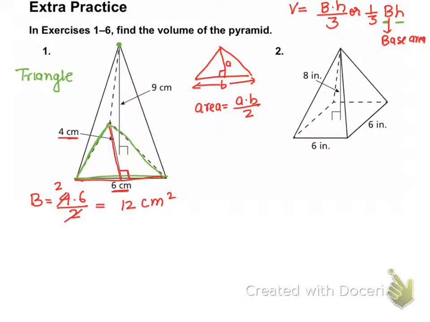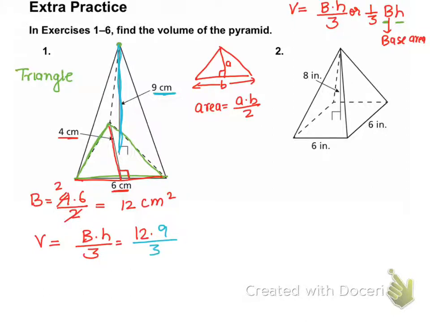That's your B. Now you have your original formula. So you use that. Volume is base area times height over 3. So just plug it in. Base area is 12. Height we know now. Height is given. This is the height, 9. 12 times 9 over 3.